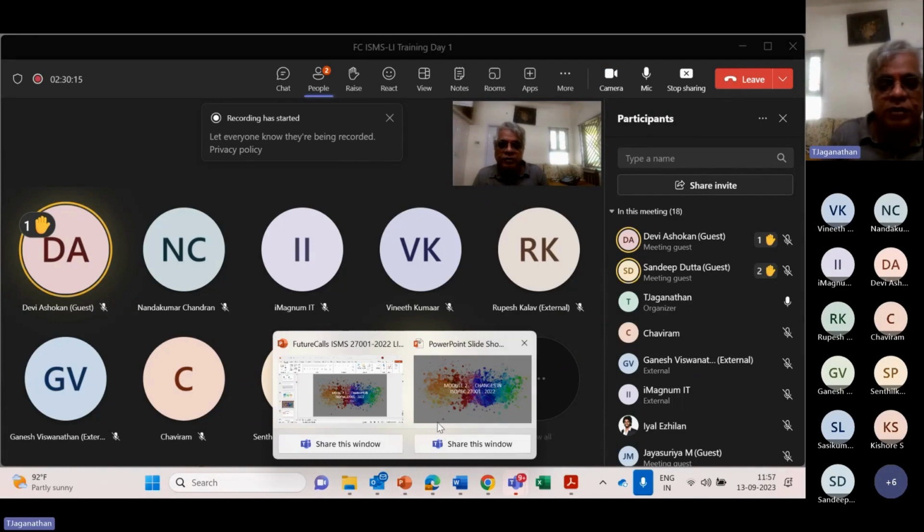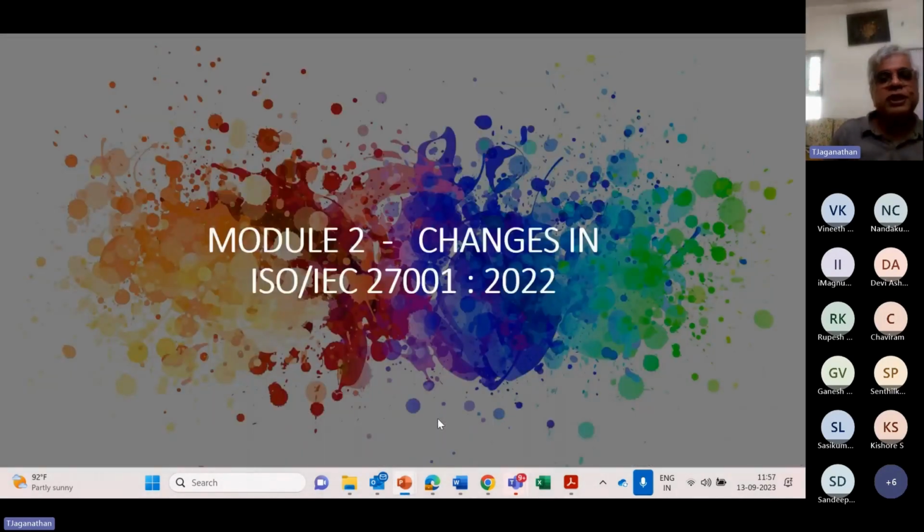The first 27001 standard is 2005. And after 2005, the first change is 2013. So there is a third version of ISO 27001. After 2013, for 9 years, there has not been any change. This is the first time after 9 years that they're changing to the 2022 version, the new version. Okay.